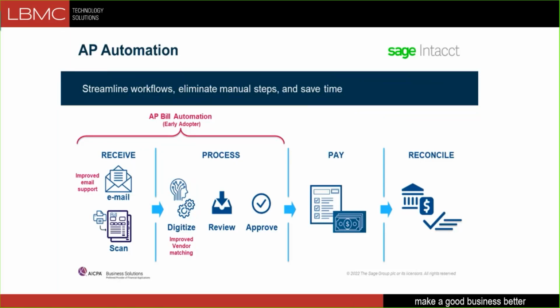Maybe if a vendor forwards a bill that you uploaded previously, it'll flag it, and then you can review it, and you don't have to worry about accidentally paying it twice. So that's the beauty of this artificial intelligence, is to really eliminate some of the human errors that are so easily occurring throughout the AP workflow process.